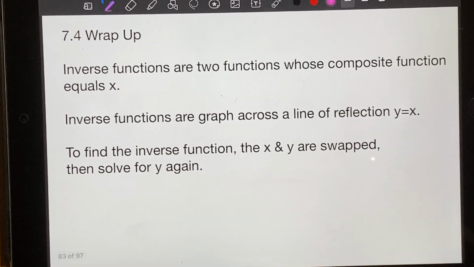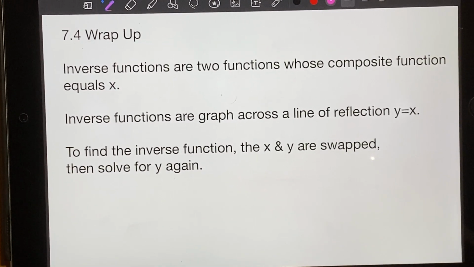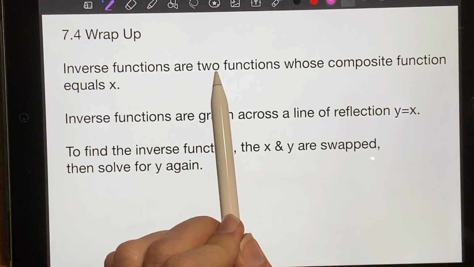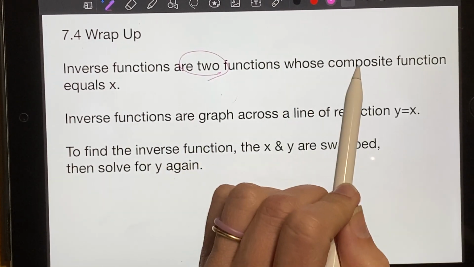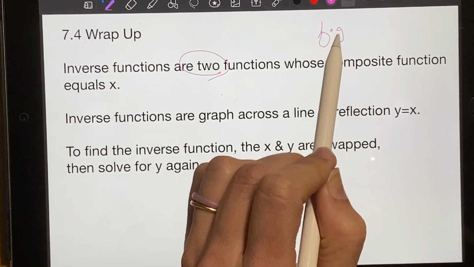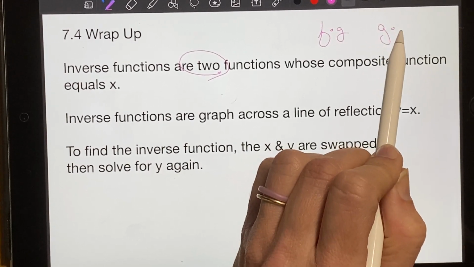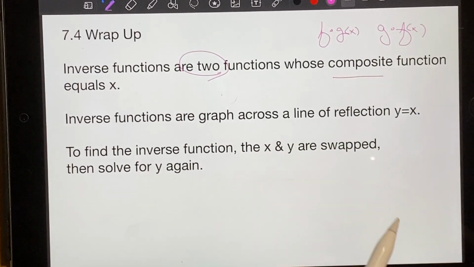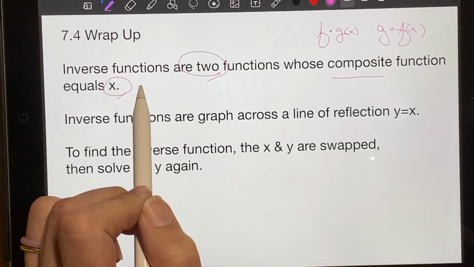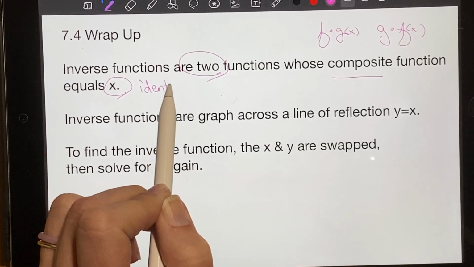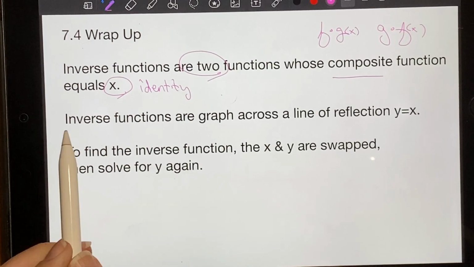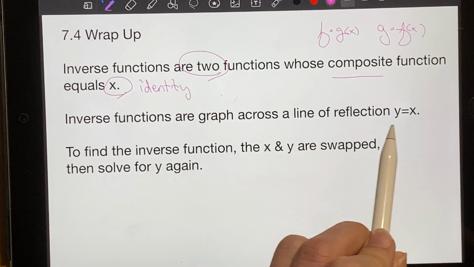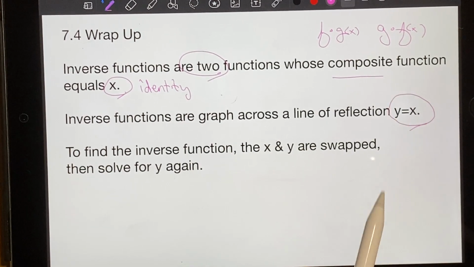So as we wrap up 7.4, we need to remember that inverse functions are just two functions who, when they're composite, meaning f of g or g of f of x, their composite functions have to equal x, which is that identity. Okay? Inverse functions are always graphed across that line of reflection.